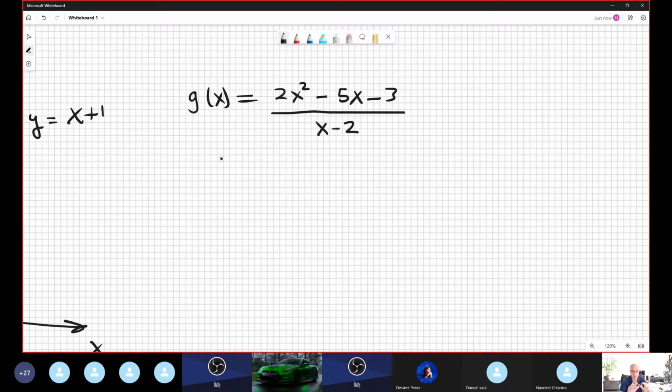Immediately when I face this problem, I see, wow, the degree of the numerator is 2, the degree of the denominator is 1. So the degree of the numerator is greater than the degree of the denominator. So I say, yes, for sure you have a slant asymptote.